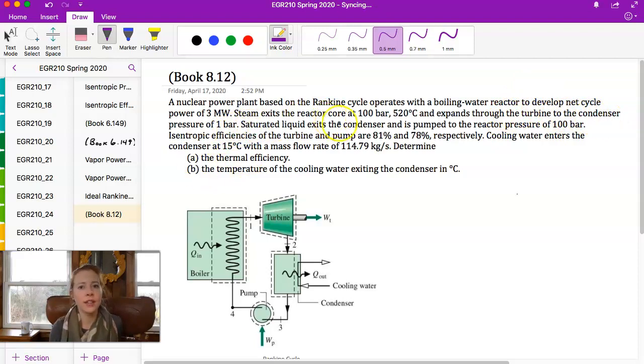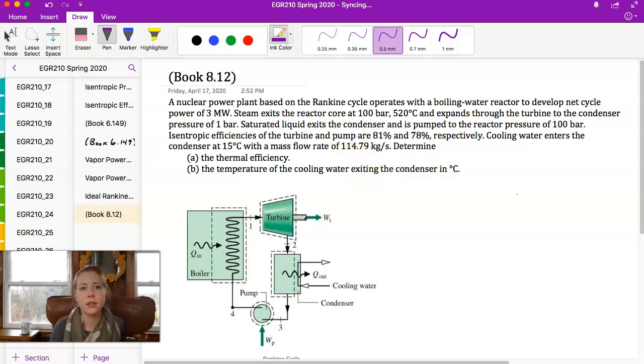Saturated liquid exits the condenser and is pumped to the reactor pressure of 100 bar. Isentropic efficiencies of the turbine and pump are 81% and 78% respectively. Cooling water enters the condenser at 15 degrees Celsius with a mass flow rate of 114.79 kilograms per second.